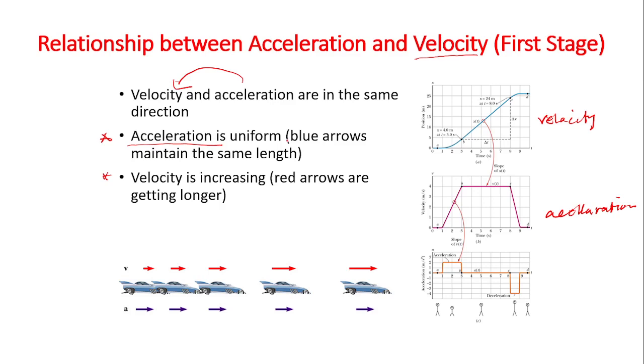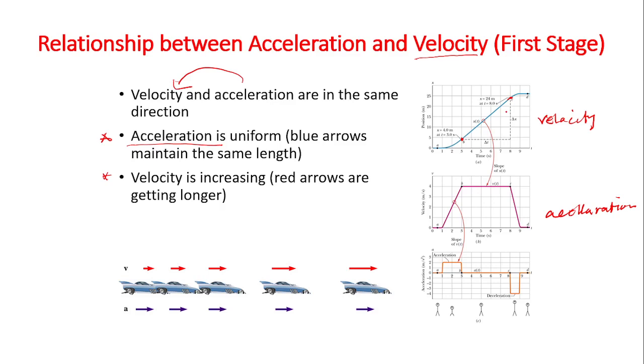There, the velocity is constant. You have a constant velocity. Since you have a constant velocity, the acceleration is what? Uniform. So this is theory.